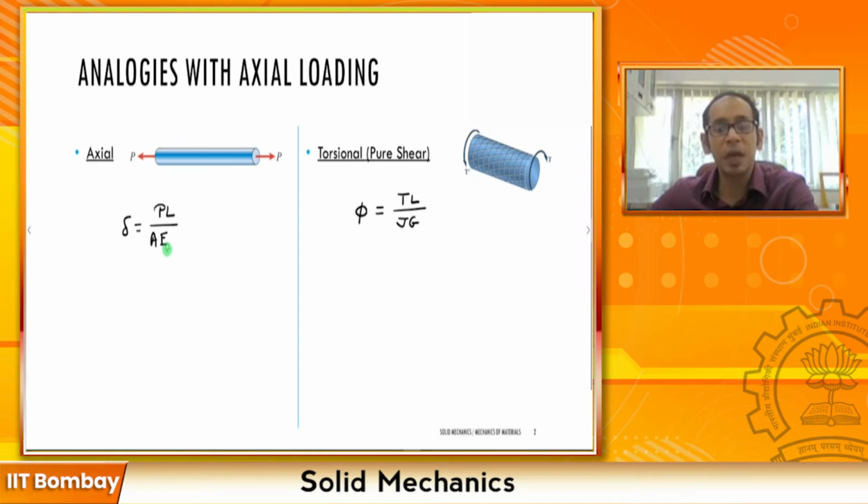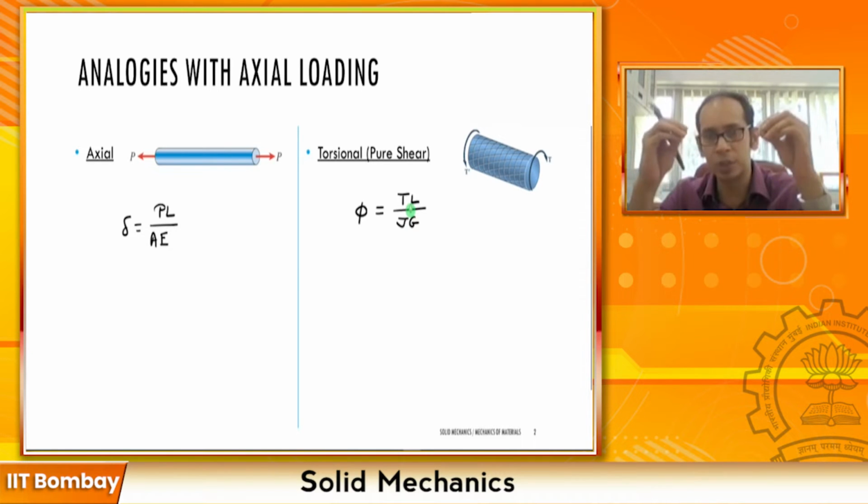Here you have the Young's modulus E, and here you have the shear modulus G. Analogically, these formulas look more or less the same: delta equals PL by AE, phi equals TL by JG. They are predicting the same thing. One of them is predicting the longitudinal deformation and the other is predicting the angle of twist.